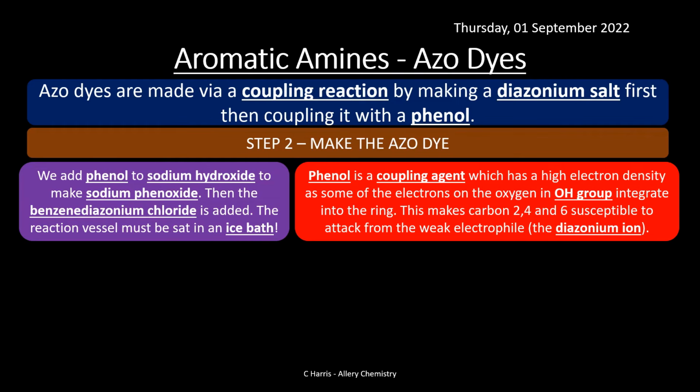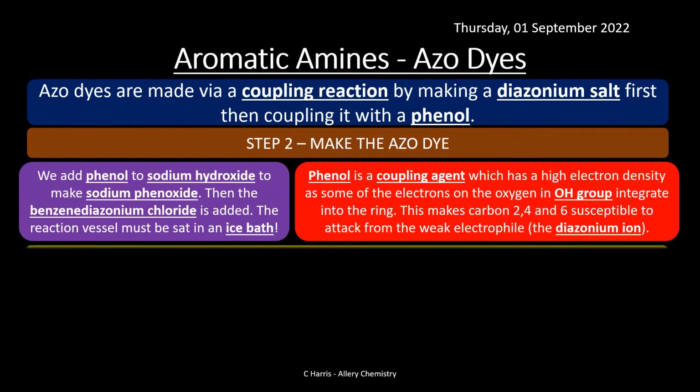And what this means is having an OH group attached to it means that the attack on the phenol is more susceptible at carbon 2, 4, and 6. And this is susceptible to attack from a weak electrophile, which in this case is going to be your diazonium salt that we've just made before. Okay, like I say, make sure you go back to that topic if you're not sure what I'm talking about here.